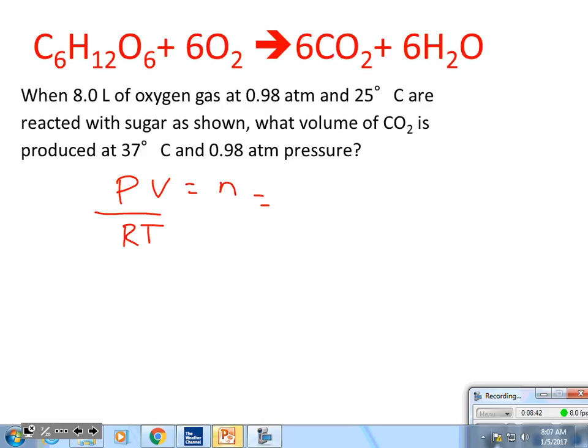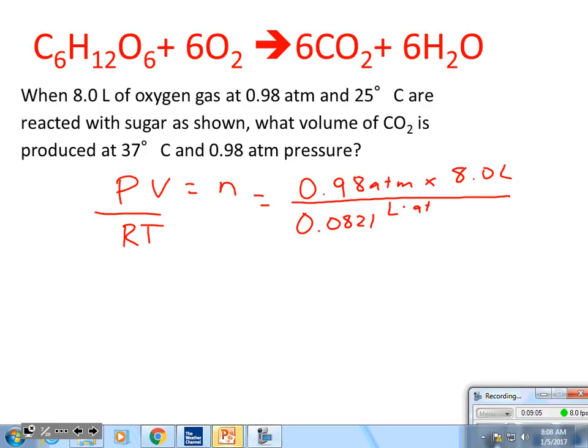So when I do so, pressure times volume divided by the constant times the temperature.